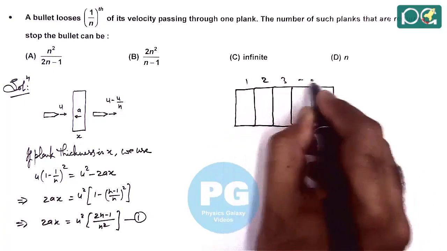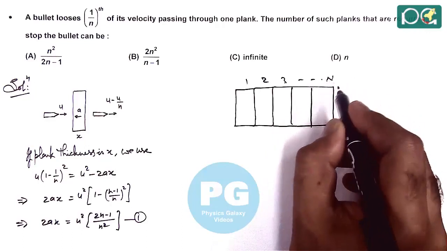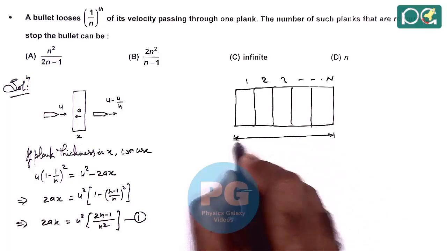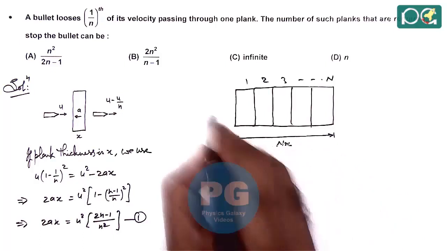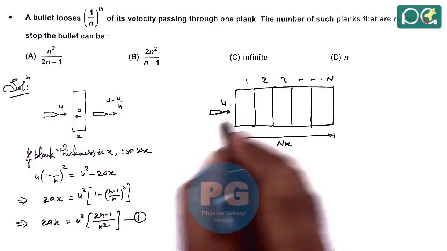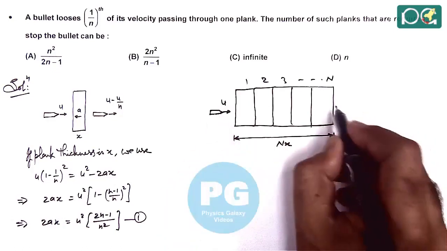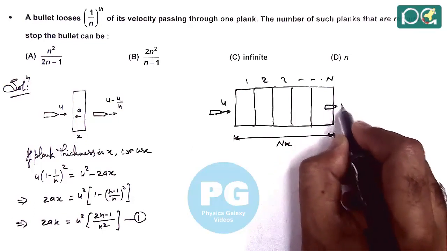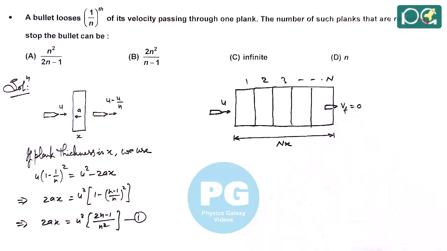One, two, three, up to say n planks are used, then the total distance will be nx. And if the bullet is fired, we are required to find the number of planks so that with the same speed, when the bullet reaches the last plank, its final velocity should be 0.